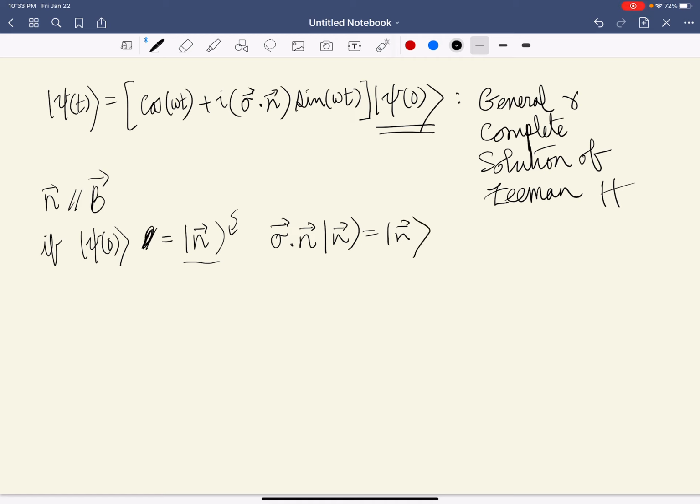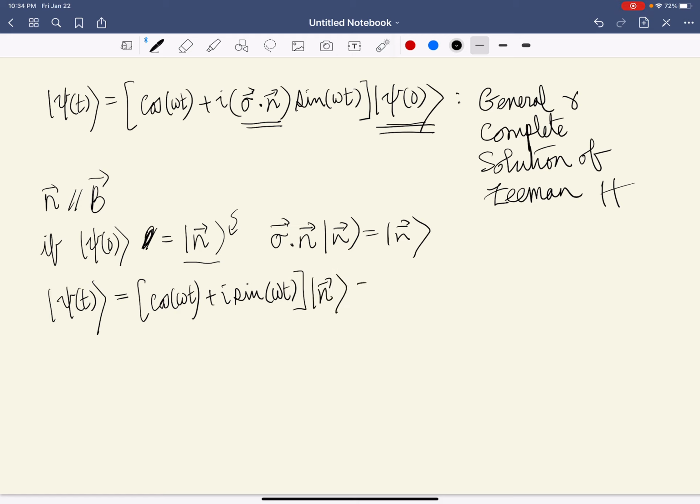In that case, psi t becomes, now when sigma dot n acts on the initial state, it gives you back 1. So this is cosine omega t plus I times sine omega t acting on the initial state. But that's just this oscillatory phase factor.